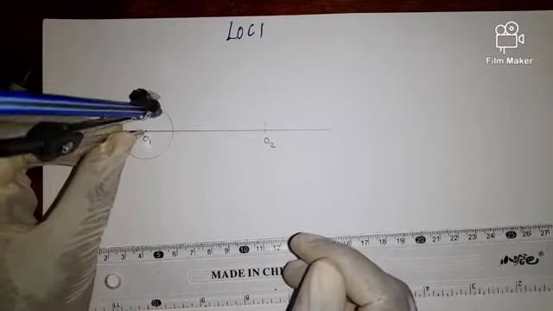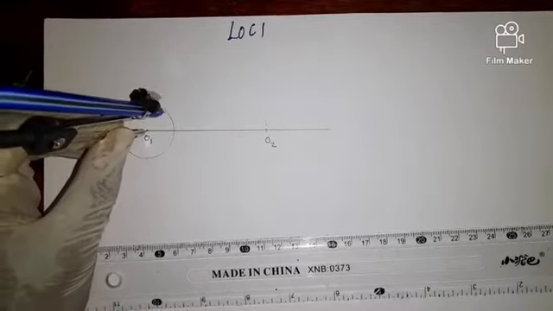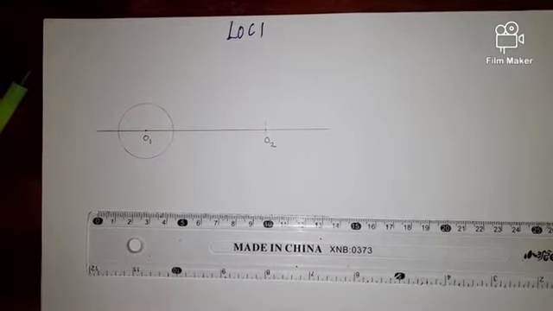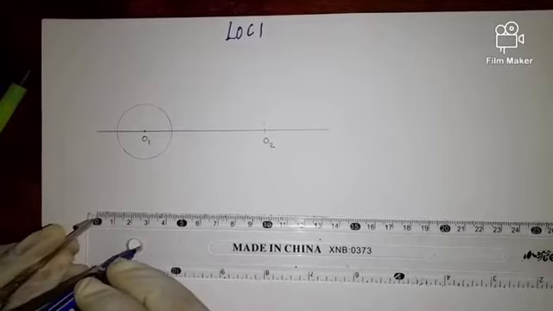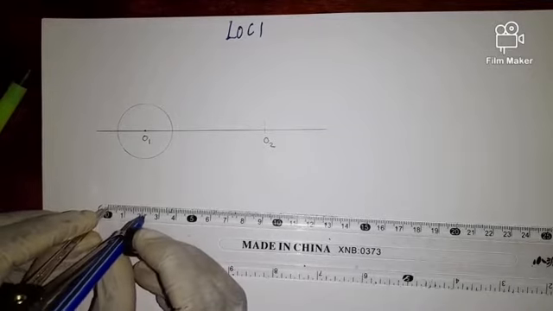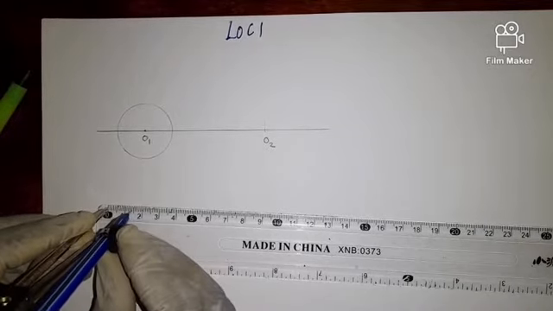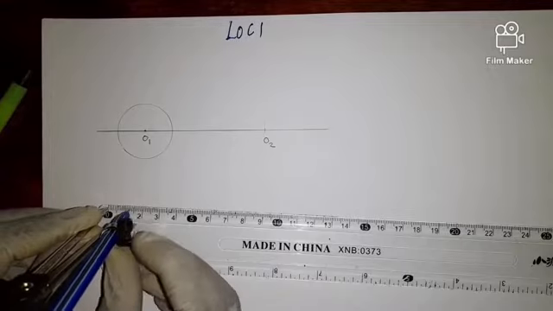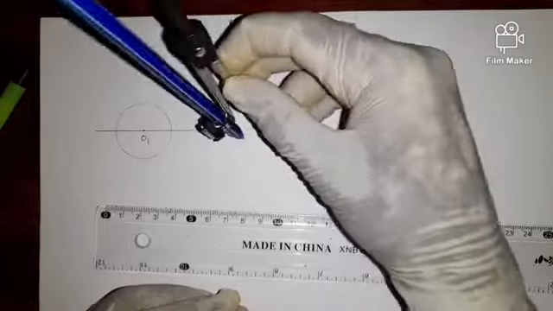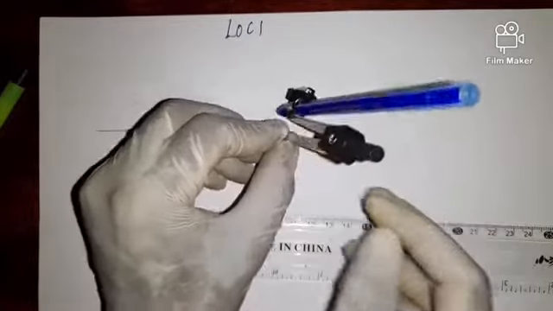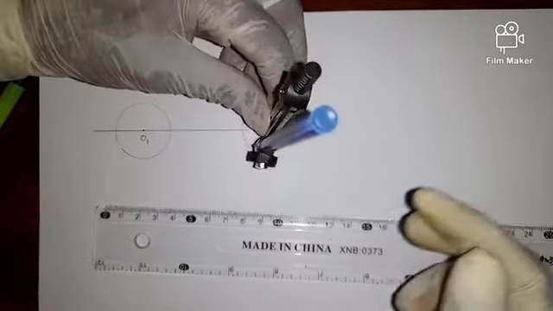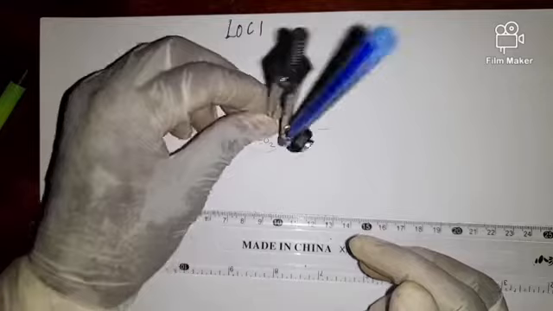The second circle has diameter 25, so that means we are going to have a radius of 12.5. Then we have our circle of radius 12.5 because the diameter is 25.